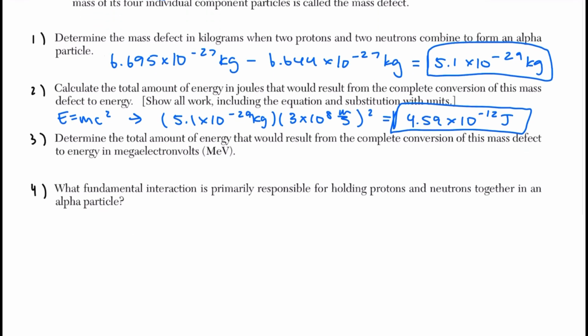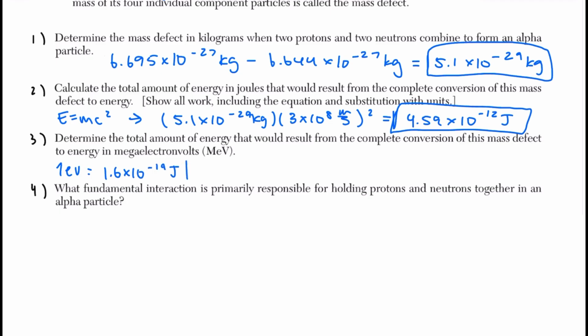Number 3, determine the total amount of energy that would result from the complete conversion of this mass defect to energy in mega electron volts. Okay, so now we need to take the answer we just solved for in question 2 and convert it into mega electron volts. Our reference table gives us everything we need. It tells us that 1 eV is equal to 1.6 times 10 to the negative 19th joules.